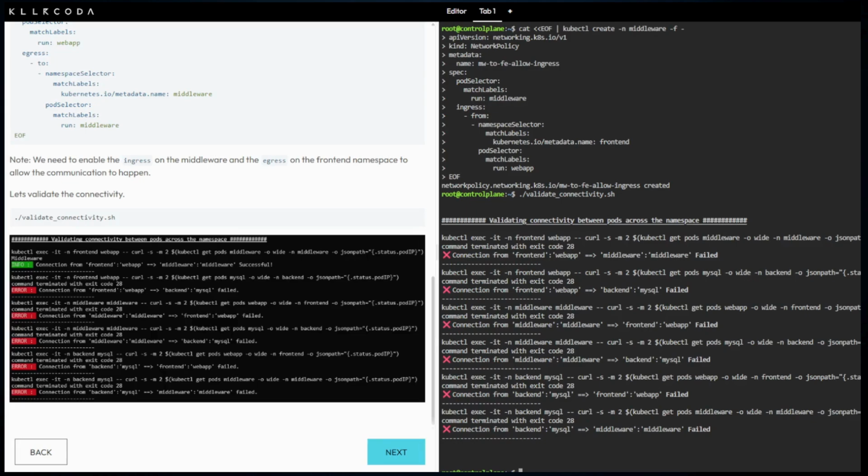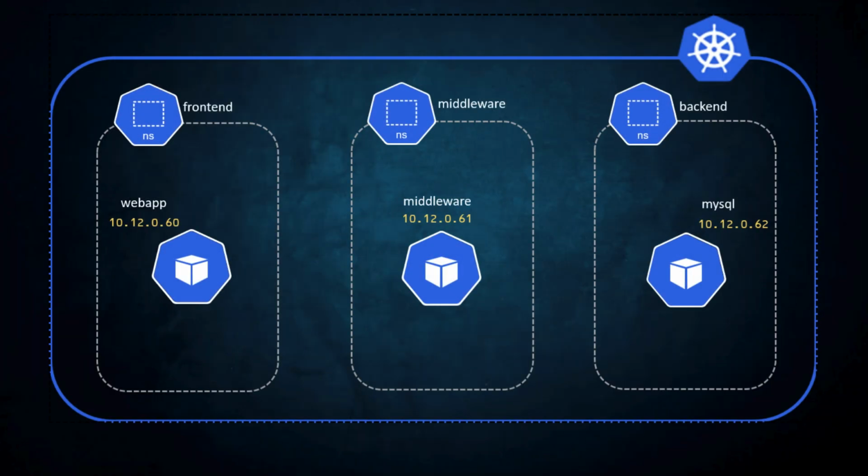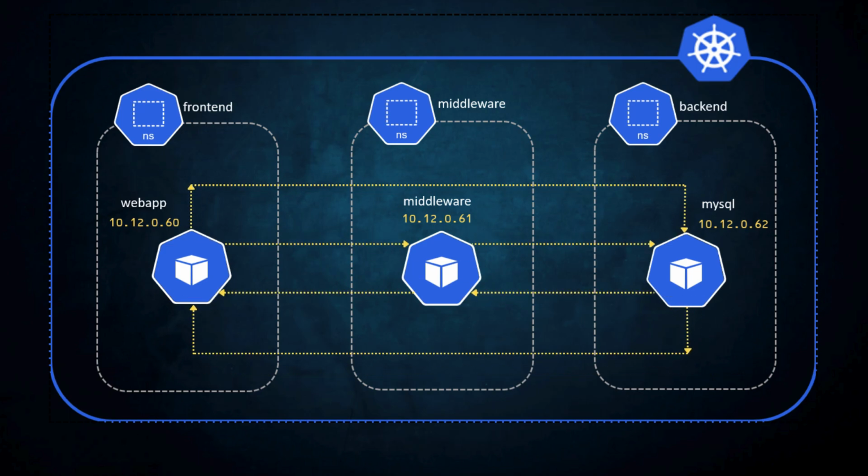To better understand what's happening under the hood, I have created this visual representation of this cluster. The yellow lines indicate the communication path between the pods, and pay attention to the arrow that indicates the direction of the traffic.